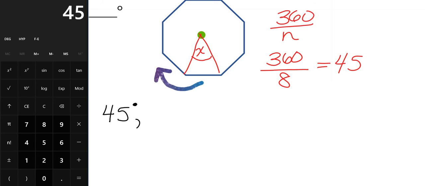So 45 plus 45 is 90. So I can rotate it 90, and then this vertex will map here if it's 45, here if it's 90. And if we keep going, we're going to go to the next vertex, and the next one, until we're back to the beginning.